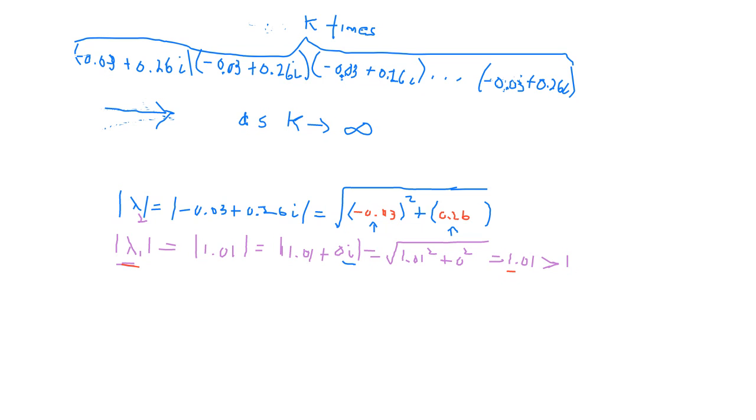Well, it's the same for complex eigenvalues. This complex eigenvalue, what can you tell me about its modulus? I'm not worried about computing all this. I just want to know, is this modulus going to be greater than 1 or less than 1?